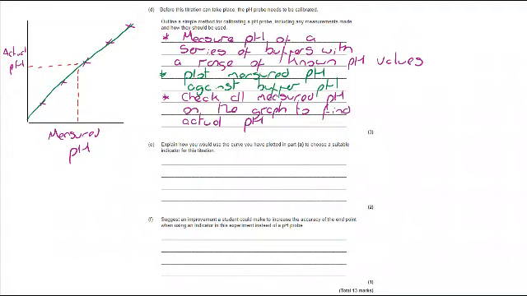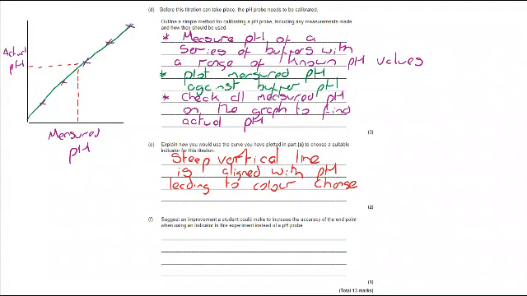So when you think about indicators, indicators change colour, and we are looking for that colour change as the endpoint of that reaction. Now we need that colour change to be rapid. So we need to choose an indicator where the colour change, the pH where it's one colour to the pH it is another colour, is aligned with the steep vertical line on your pH curve.